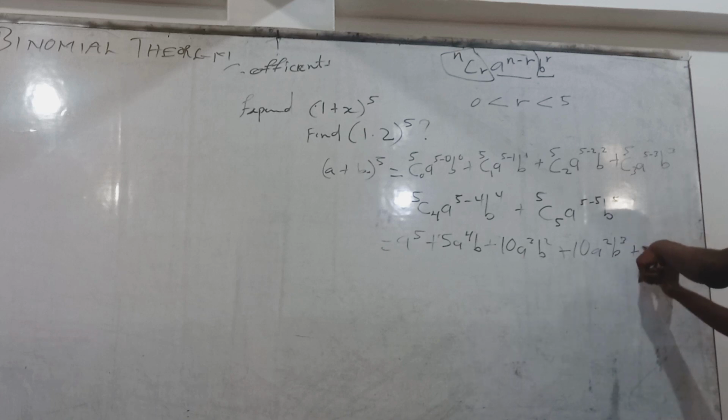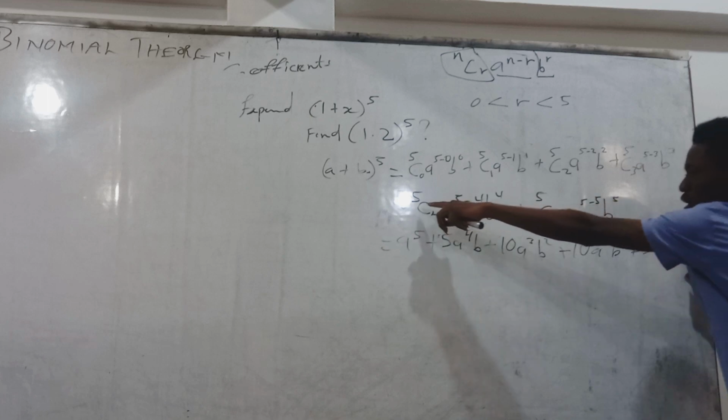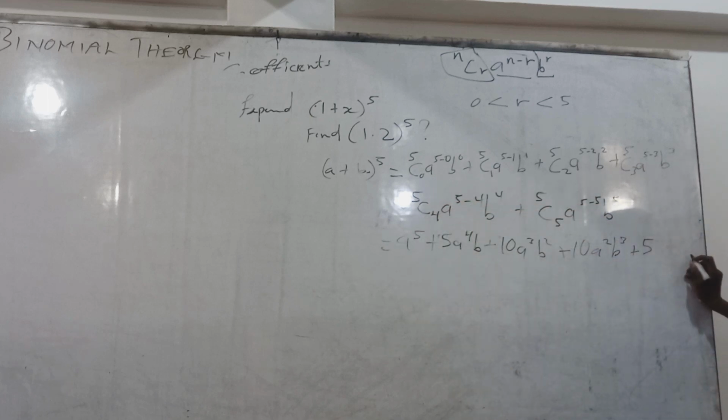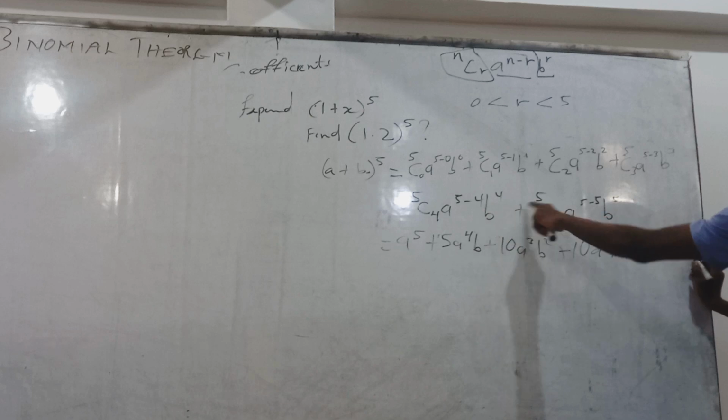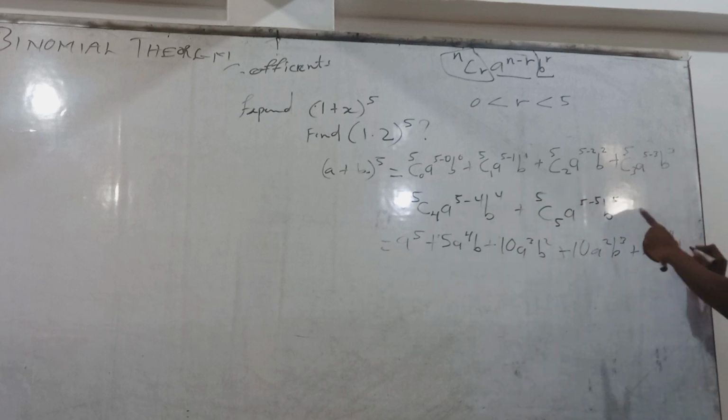Then the next term, 5, with 5 combination 4: 5 a to the power 1, b to the power 4. Then 5 combination 5 gives you 1, so a to the power 0, b to the power 5.